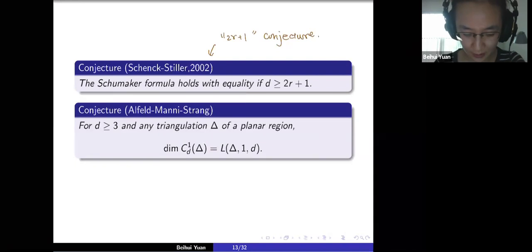You may consider this as a subcase of the Schenck-Stillman conjecture, because if you make R equal to 1 in the Schenck-Stillman conjecture, then it is just the AMS conjecture, okay? However, this one was conjectured before the Schenck-Stillman conjecture. It appeared in about the 80s, I think.